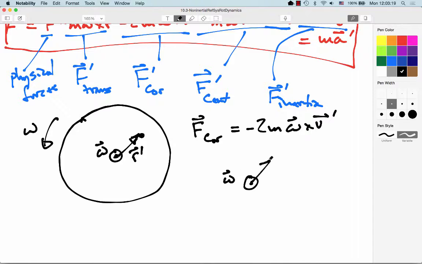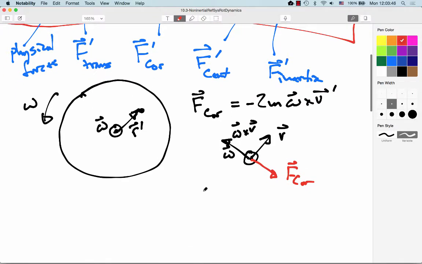Let's just make v point like so. Then you should be able to convince yourself that omega cross v will point at right angles like so. And since we need the negative of it, the Coriolis force will point, in this case, off to the right of how you're going.